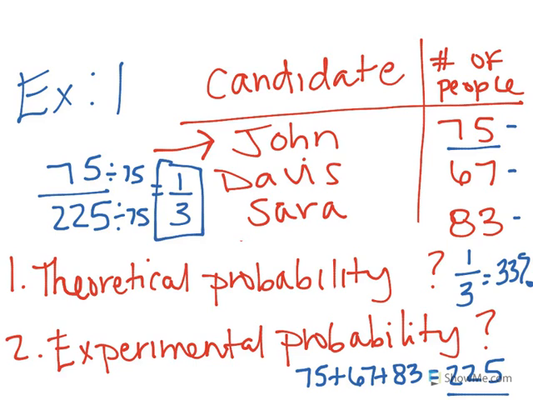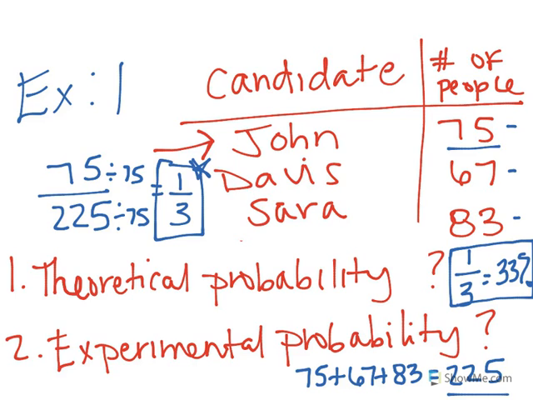So in theory, he was supposed to get 33% of the votes, and experimentally, he did actually get 1/3 or 33% of the votes. So in this case, the theoretical probability was the same as the experimental probability.